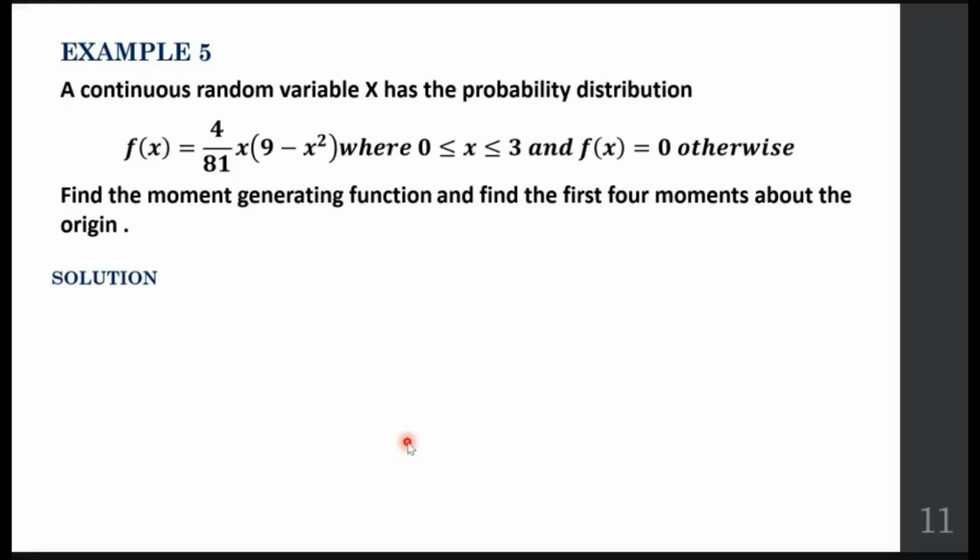Next problem. A continuous random variable x has the probability distribution f of x equal to this. For 0 less than or equal to x less than or equal to 3, f of x equal to this, and 0 otherwise. Find MGF and the first 4 moments about the origin.